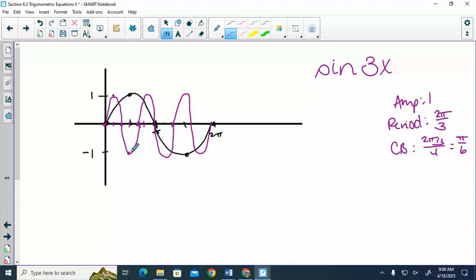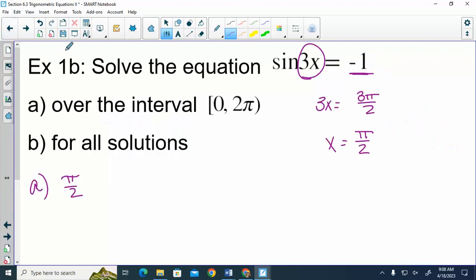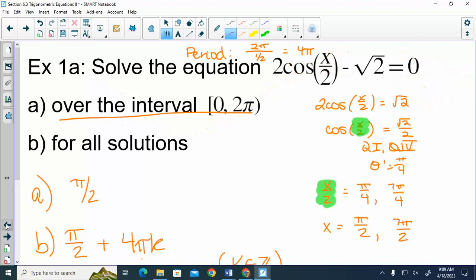So how many times does it actually hit -1 between 0 and 2 pi? 3. And that's because of this, that 3 shortened the period. So it's actually telling you between 0 and 2 pi, you get 3 complete cycles of the graph. You know, on the previous problem, we didn't have that issue because it was a 1/2.